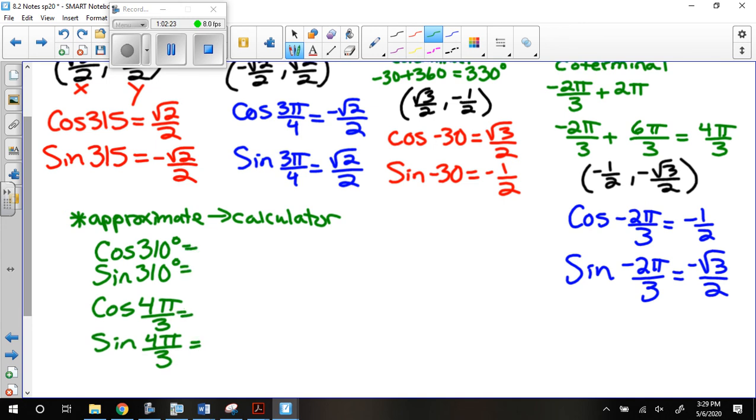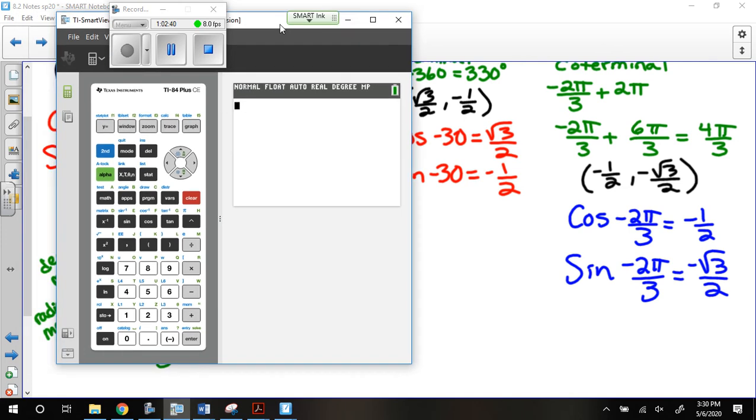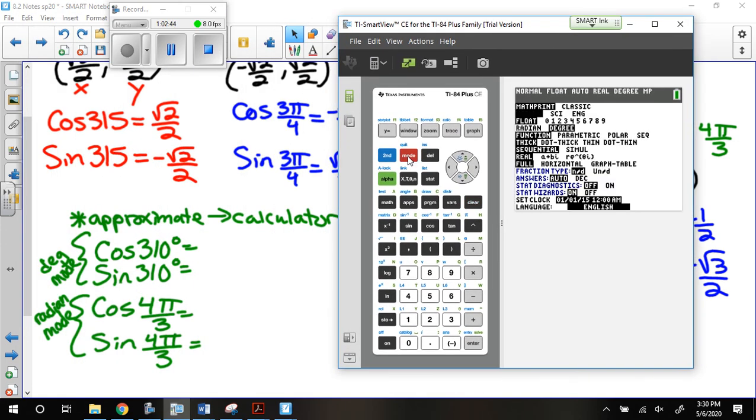So here you have to be in degree mode, and here you would need to be in radian mode. Let me pull up my calculator really quick, and I'll show you guys this. If I hit the mode button, I then have to be in the correct mode, which is down here on the 4th line. Notice it says radian or degree.